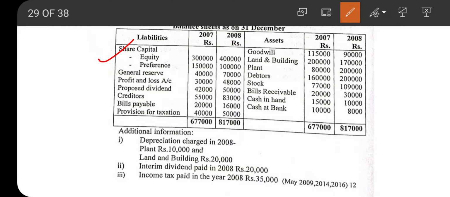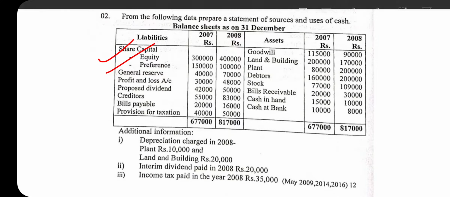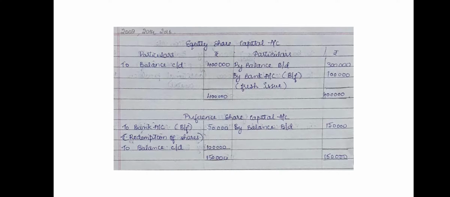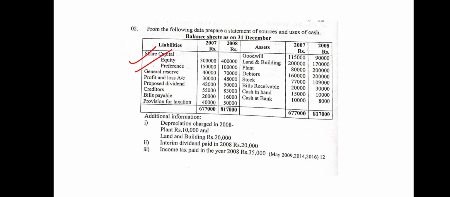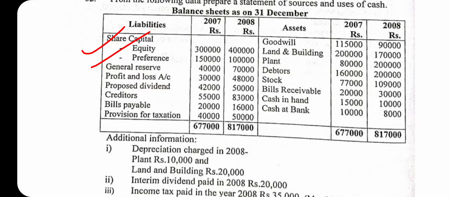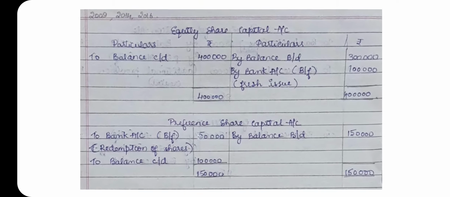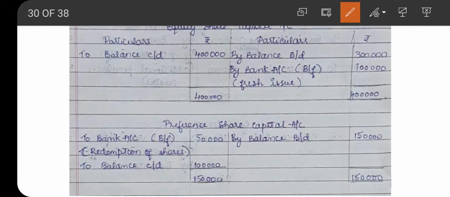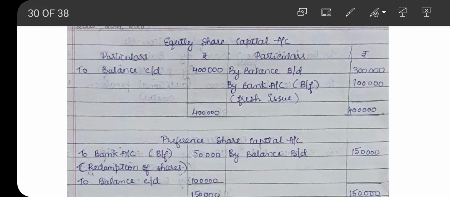So firstly we will prepare the equity share capital account and preference share capital account. Opening balance is 3 lakh, closing balance is 4 lakh. So by balance brought down 3 lakh, and there is no other entry relating to equity share capital.